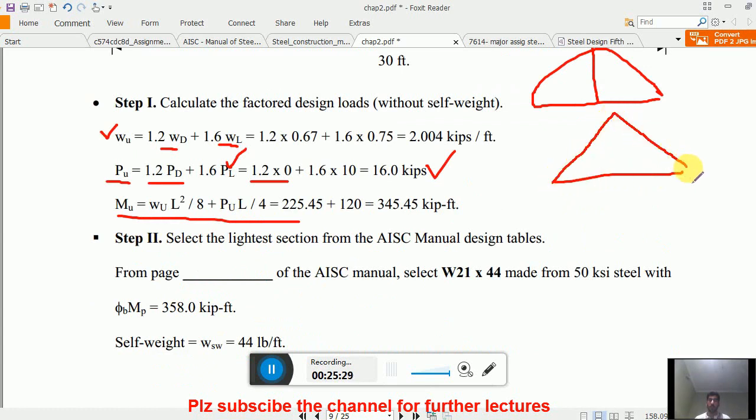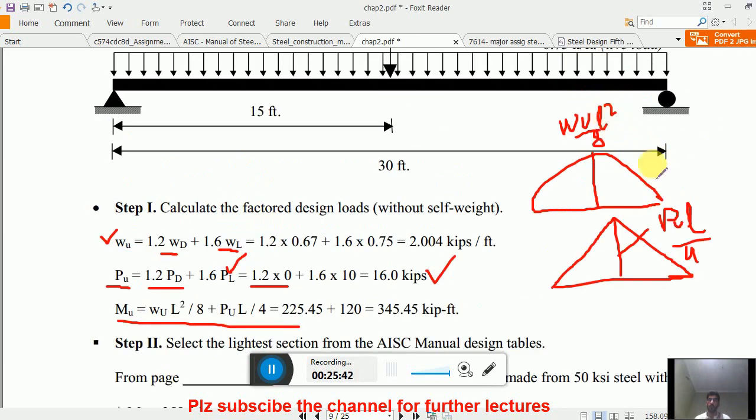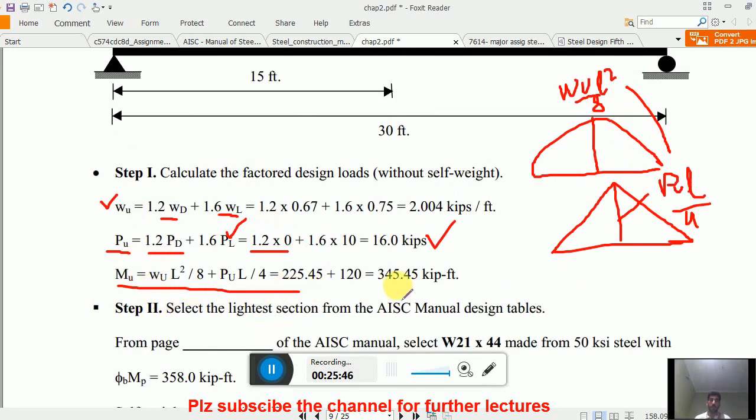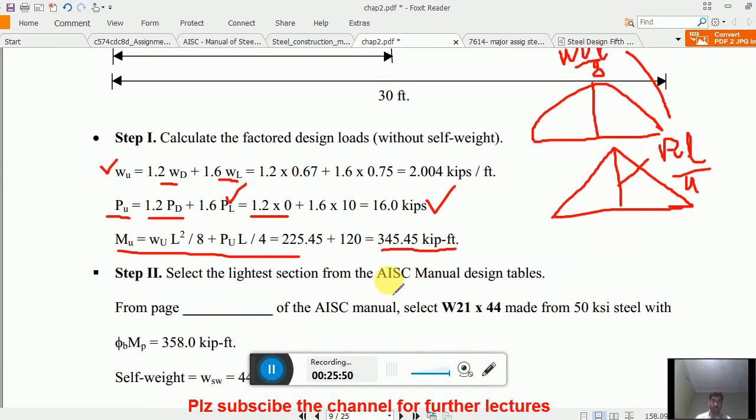So the point load maximum moment will be PU L divided by 4. Clear? So you need to add up these two moments, remember. So that's why basically your MU is 344. Select the section. That is an easy step.